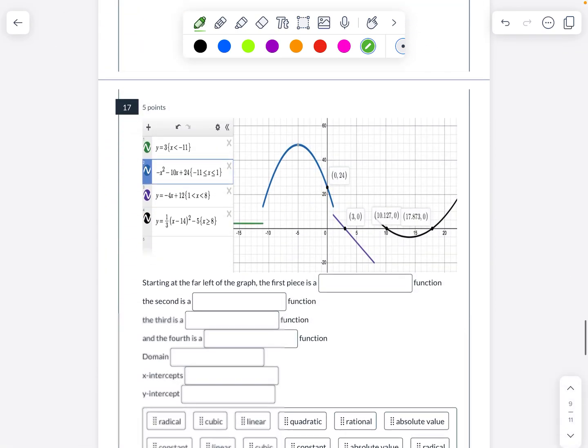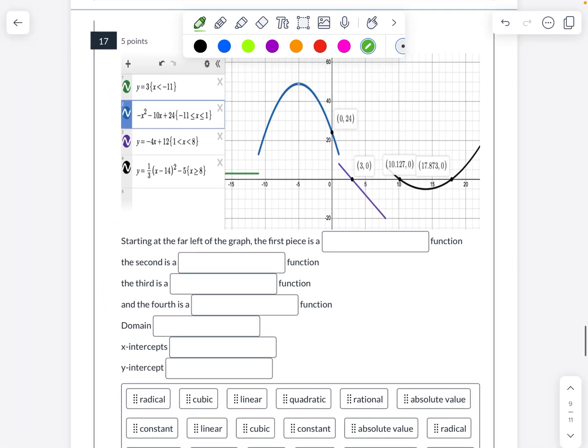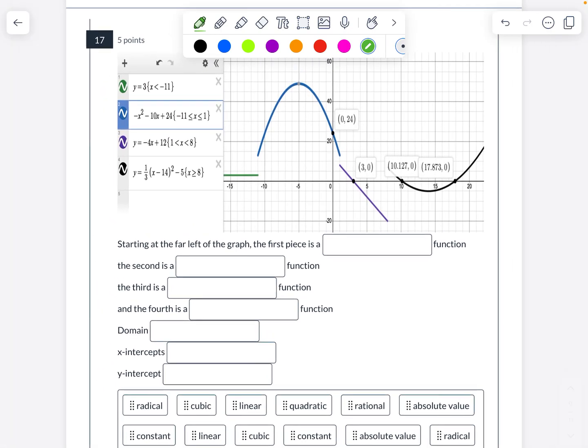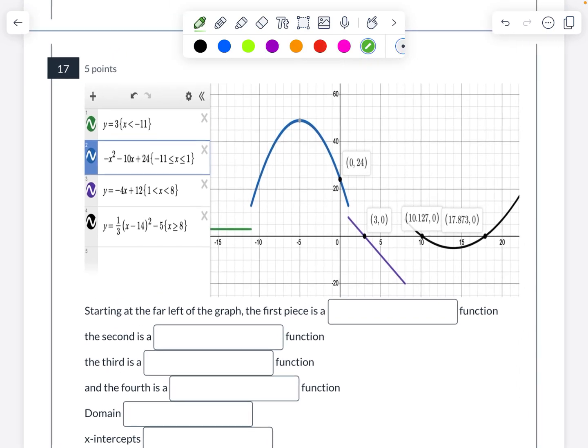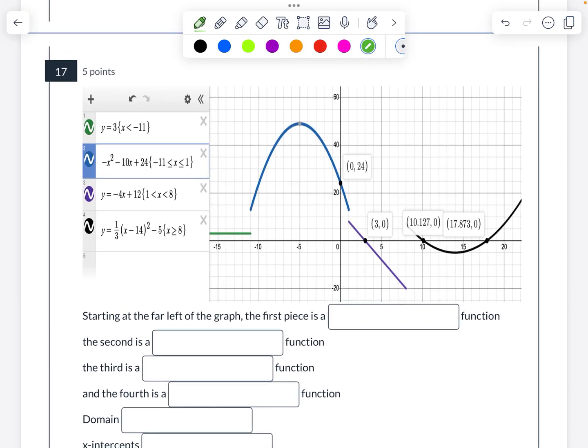All right, my friends. Let's do this in their colors. This is a constant. Yes, it is a line, but more specific, it is a constant line.